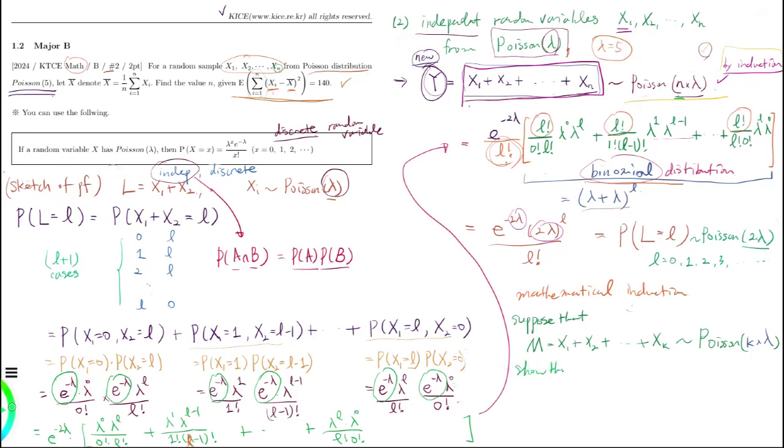Show that the new random variable capital M plus capital X k plus 1, you can call this one T if you like, has a Poisson distribution with parameter k plus 1 times lambda here.